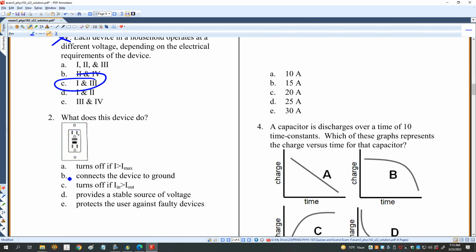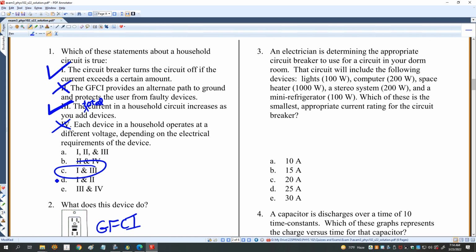What does this device do? Well, this is a GFI or GFCI, and it turns off if I in exceeds I out. Electricians determine the appropriate circuit breaker for use in a dorm, and there are all the things that you have in your dorm. Which of these is the smallest appropriate current rating for the circuit breaker? You want to find all the currents here, or I could just add up the total power.